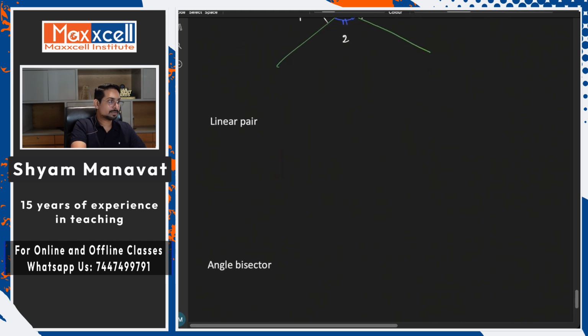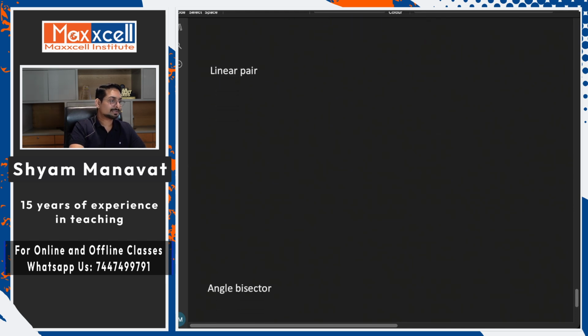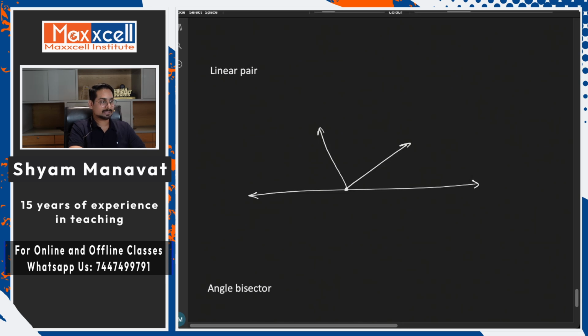Linear pair, that's also interesting. We are going to use linear pair. I will say that, okay, these angles are linear pair. So the sum of all these angles is equal to 180 degrees. So here you have a straight line and a point from where you have other rays.